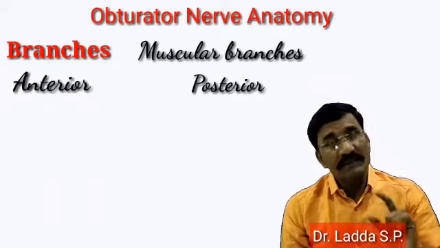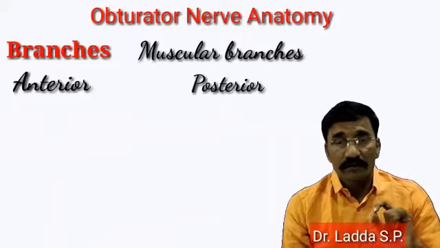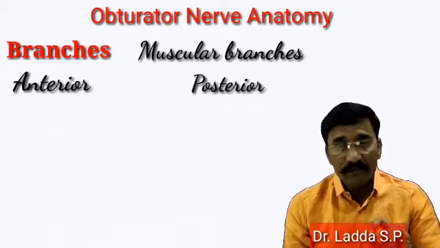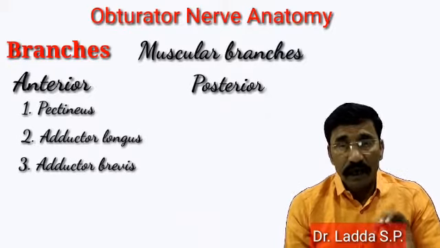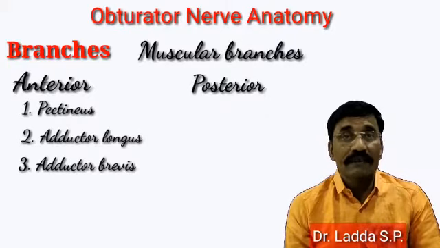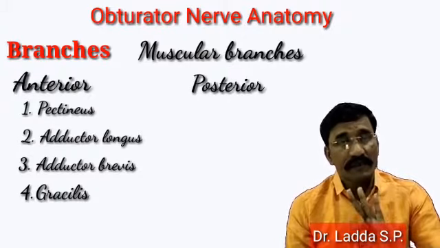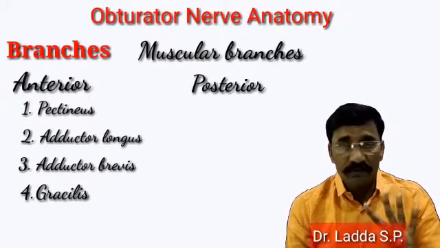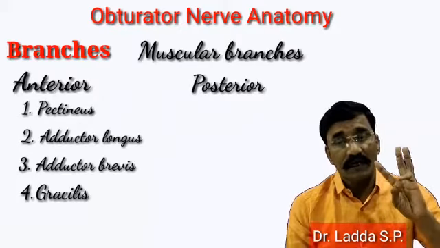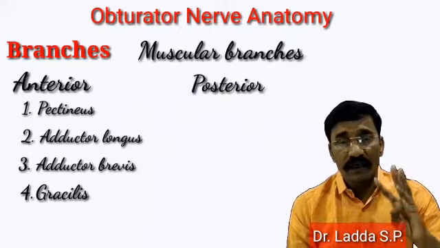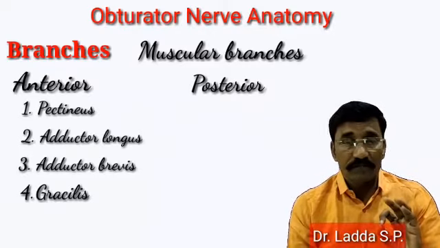The muscular branches from anterior division innervate which muscles? They innervate pectineus muscle, adductor longus muscle, adductor brevis muscle, and gracilis muscle. Means the muscular branches of anterior division supply four muscles. One is pectineus, second is adductor longus, third is adductor brevis, and last is gracilis muscle.